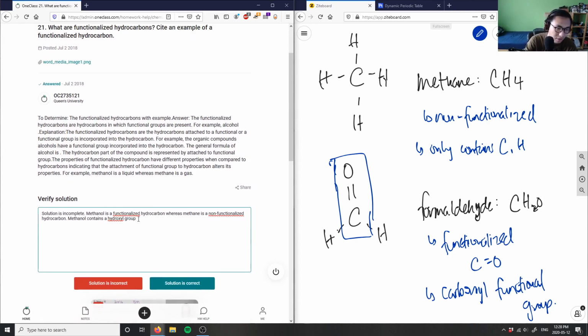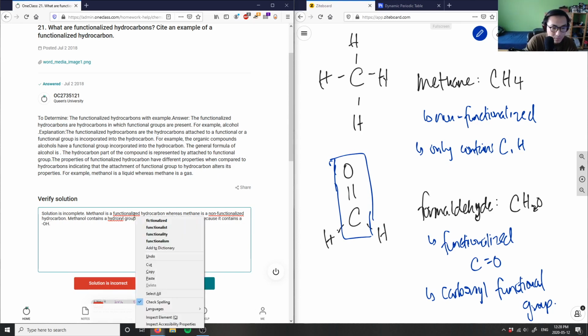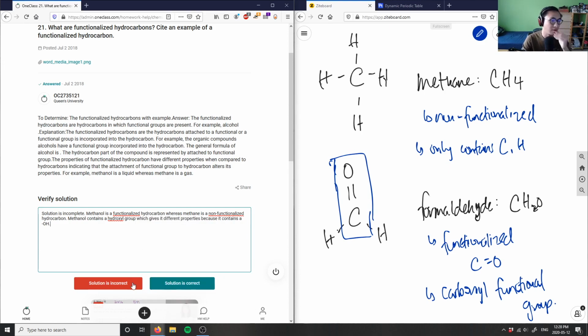Methanol contains a hydroxyl group, which gives it different properties because it contains an OH group. Yeah, there we go. So I'll say solution here is just incomplete because they didn't really fill this out. So I'm going to say solution here is incorrect just for the sake of this.